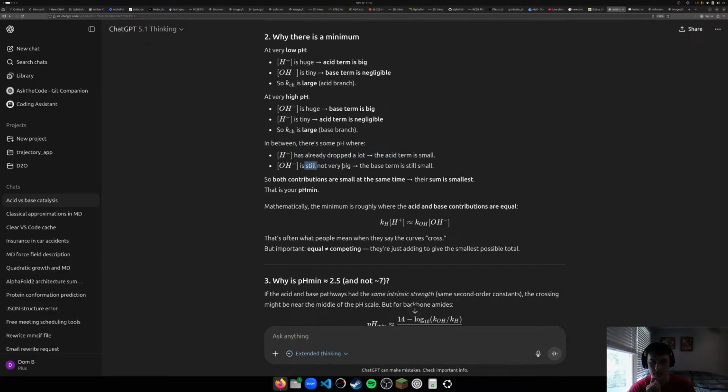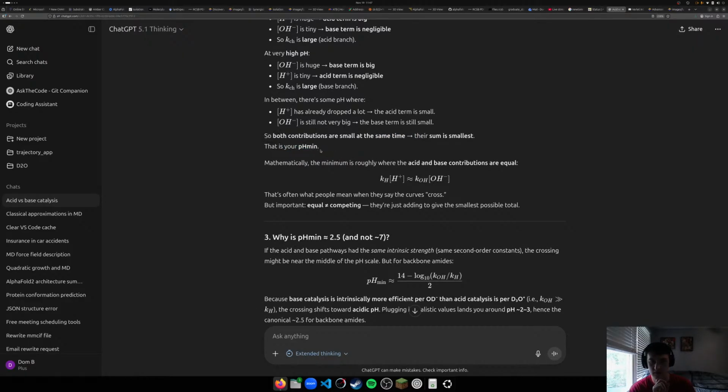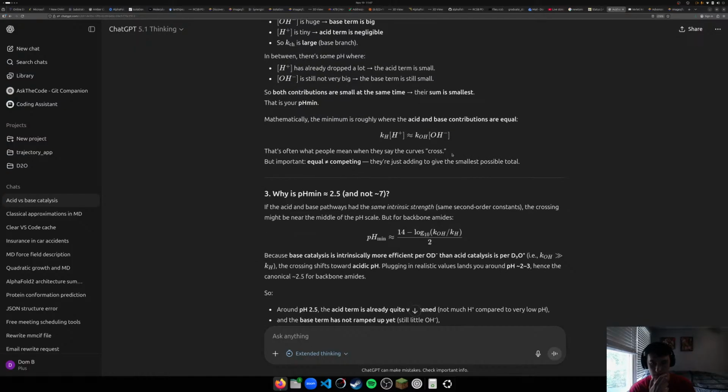The acid term has dropped a lot, and the base term is small, so both contributions are small at the same time. Where the sum is the smallest, that is your pH minimum. Mathematically, the minimum is roughly where they're equal. That's often what people mean when they say the curves cross. But importantly, equal is not competing. They're adding to get the smallest possible total.